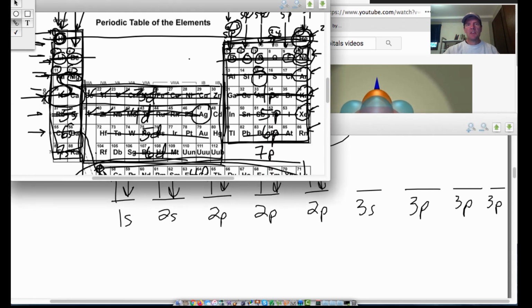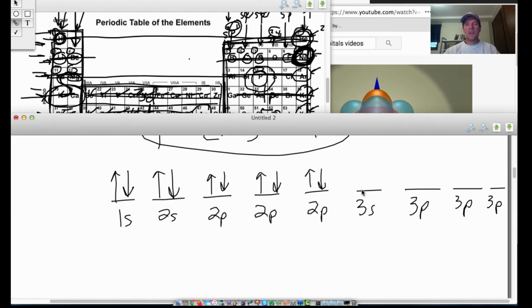That's because I'm here at neon, I have everything that neon has, and now I need to keep adding in order to get to phosphorus. There's 10, I need 5 more. So there's 11, 12, 13, 14, 15. That's how I would represent the electrons for phosphorus in this orbital notation.